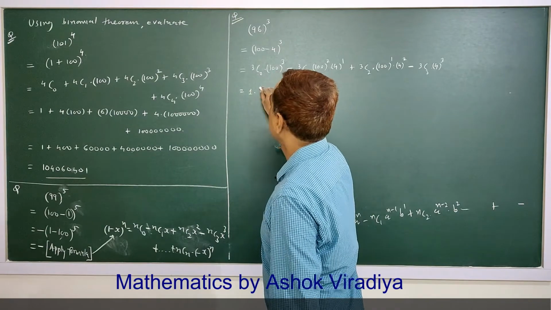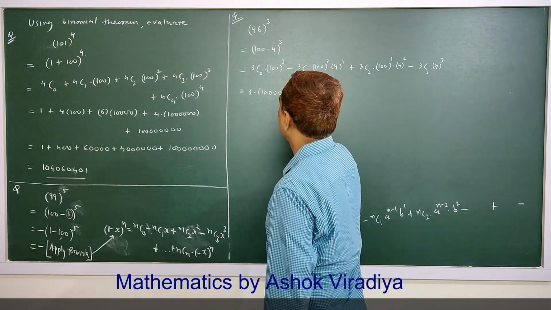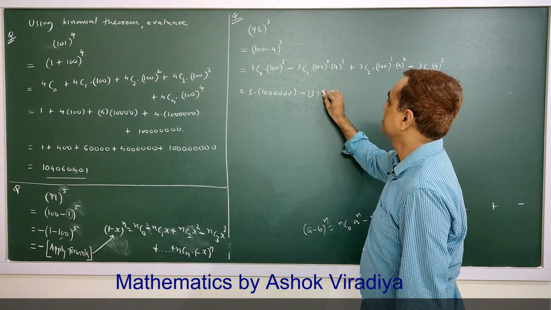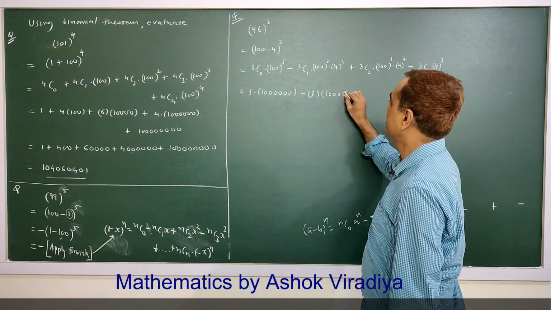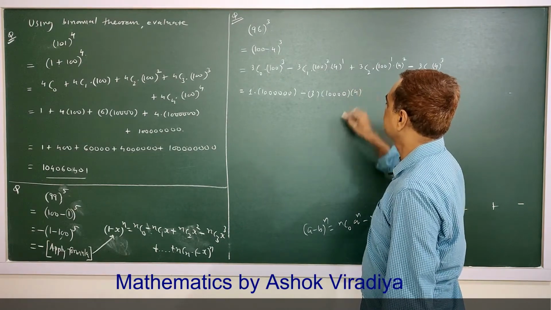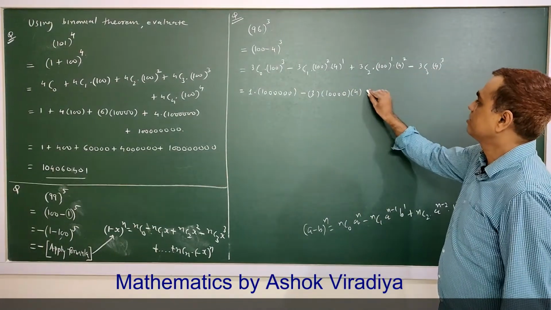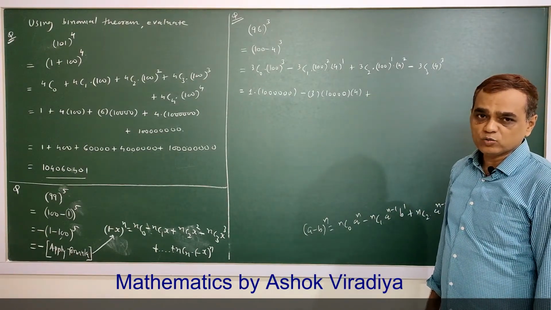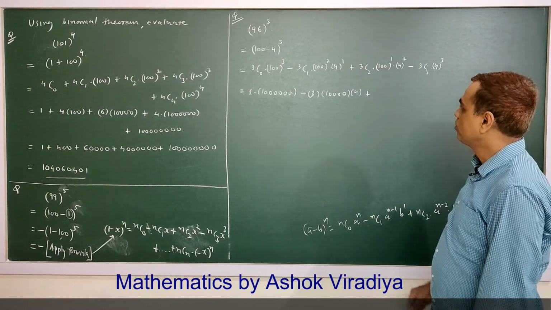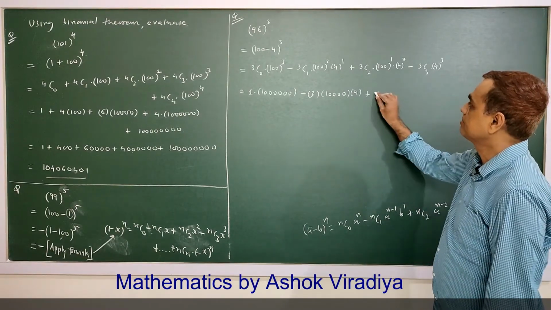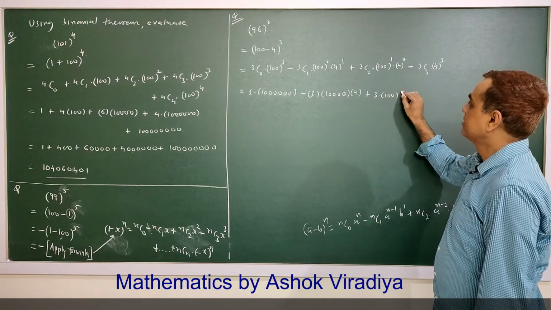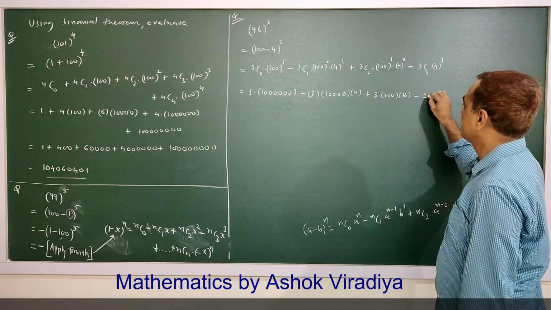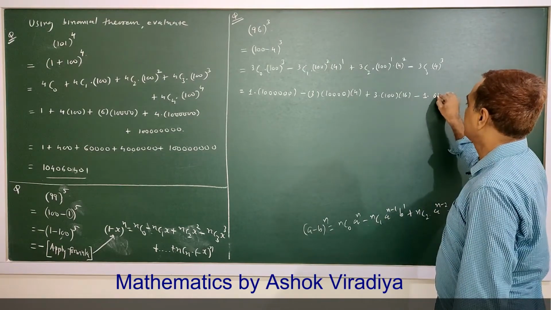3C0 is 1, into 100 cubed, that is 1,000,000, minus 3C1, which is 3, into 100 square, 10,000, into 4, plus 3C2, which is 3 into 2 upon 2 into 1, 6 by 2, that is 3, into 100 into 16, minus 3C3, which is 1, into 64.